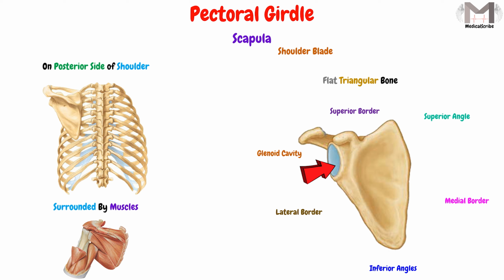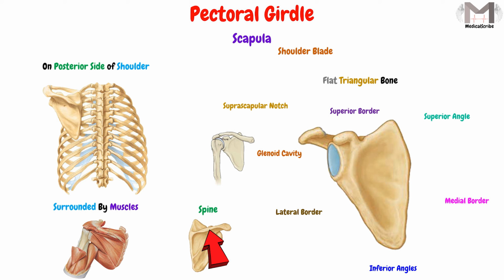This fossa receives the humerus head, which is the bone of the arm. Other important landmarks are the suprascapular notch and the spine of the scapula, which are found on the posterior aspect of the scapula. These landmarks and these bones in general will be explained in more detail in the upper limb course.